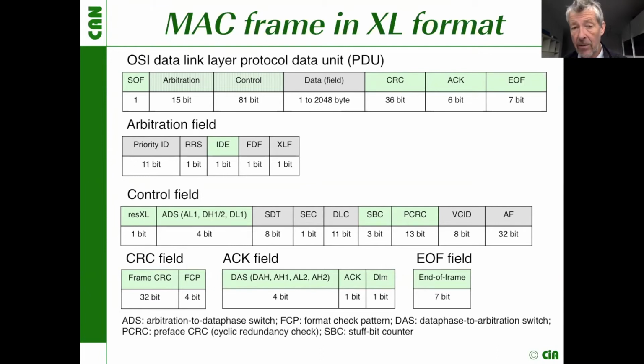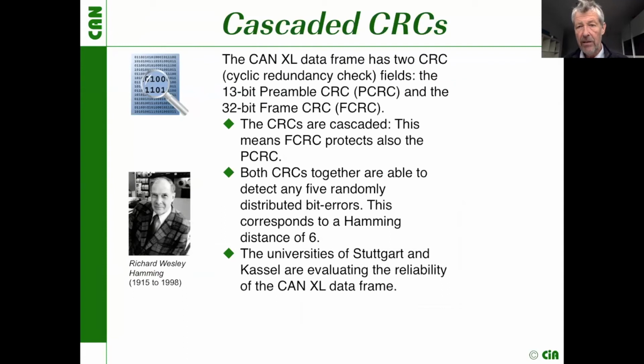This is a lot. To protect all this and to have the same reliability, and even a better one than with classical CAN and CANFD, we are using 2 CRC fields. We have a 13-bit preamble CRC and a 32-bit frame CRC. The CRCs are cascaded. This means the frame CRC protects also the preamble CRC.